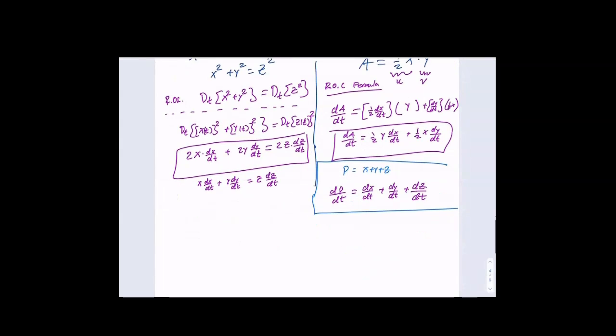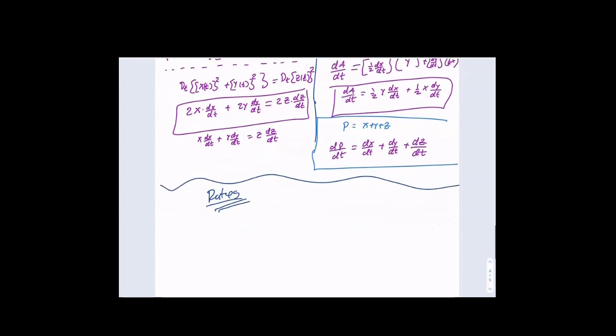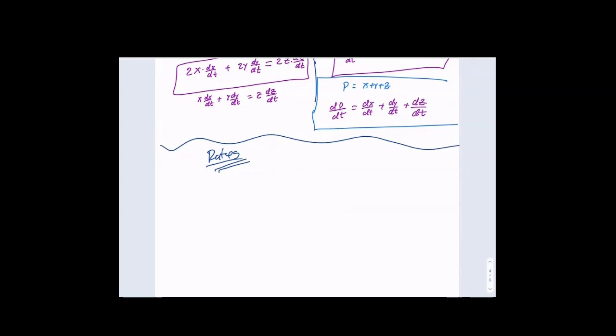Oh, yeah. Rates before we get into the problem. Increasing rates have a positive derivative.